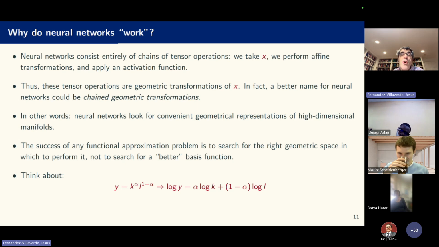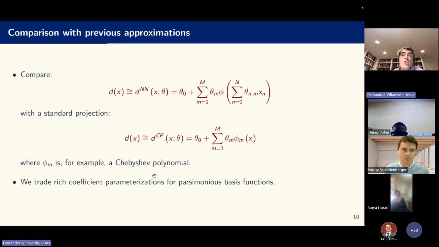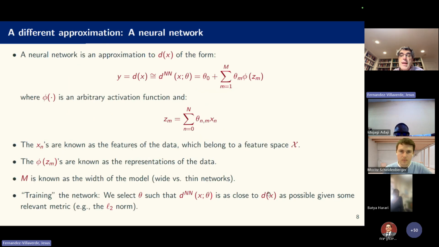We don't have enough knowledge about the properties of the data, which remember are the states of the model, to do this transformation. So what we are going to do is use these linear transformations and these bendings through the activation function to find that representation for us automatically, by selecting the phis that, as I was saying before, get you as close as possible to D.